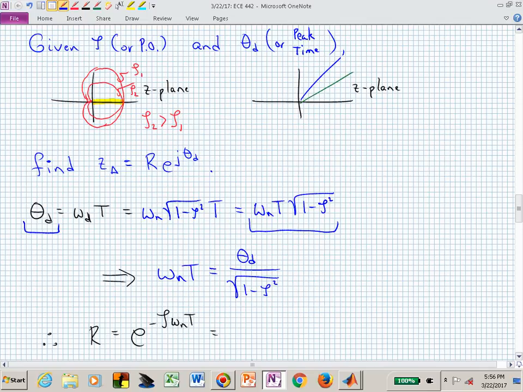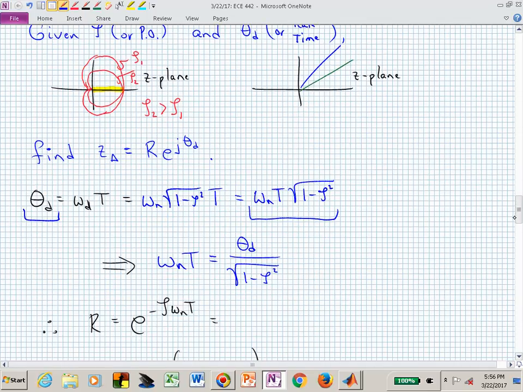Because if I know the radius and the angle, then I can analytically find those pole locations. That's easier than trying to do this logarithmic spiral, unless I'm graphing it, but still graphing that logarithmic spiral can be tedious. So now r and theta is easier to graph. If that's the case, then I should have for r, that's now e to the minus, zeta is given.